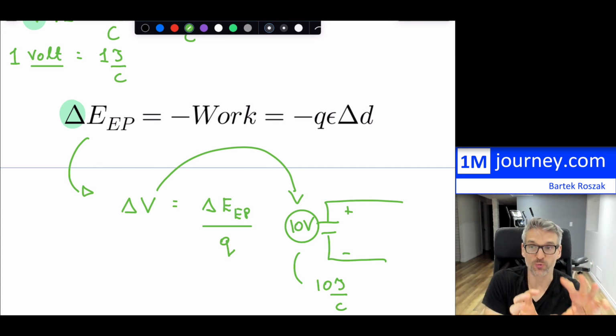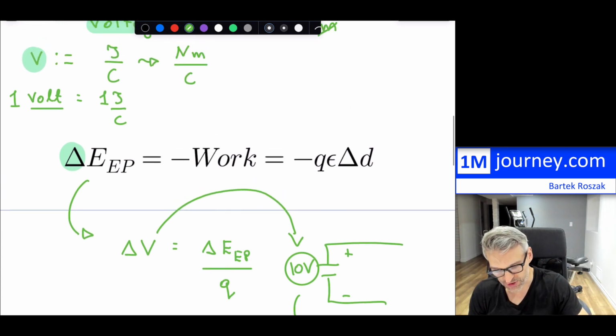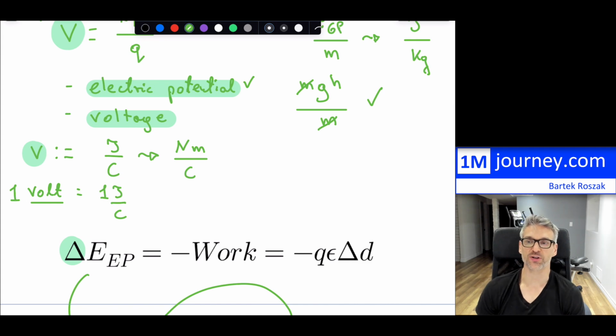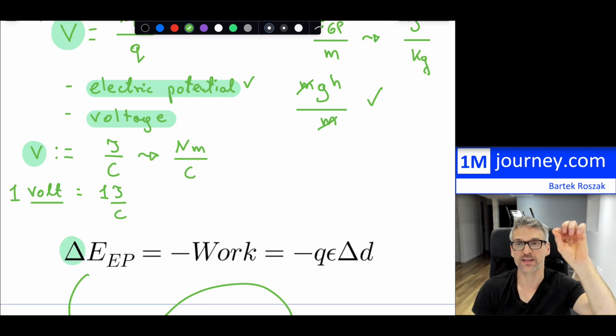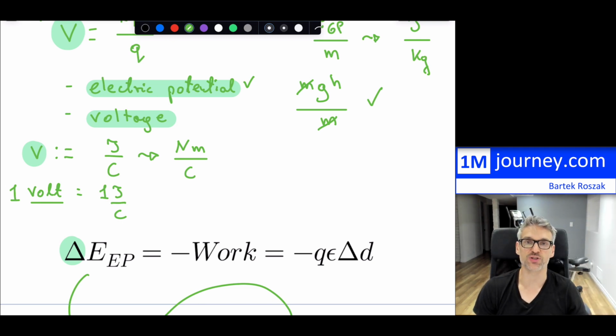So when we say voltage, very often, when we're studying this and talking about electric fields, we can talk about the electric potential as a voltage at a particular point, but we can also say the voltage difference. But the word difference, we don't really use.